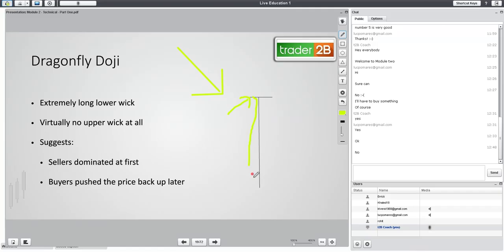Sellers tried to sell it back down to here, and then buyers came in here and pushed the price back up to where it opened. On a daily's perspective, this is usually a strong sign that the market has seen enough selling, and that buyers are likely to come back in and start buying up the price again.